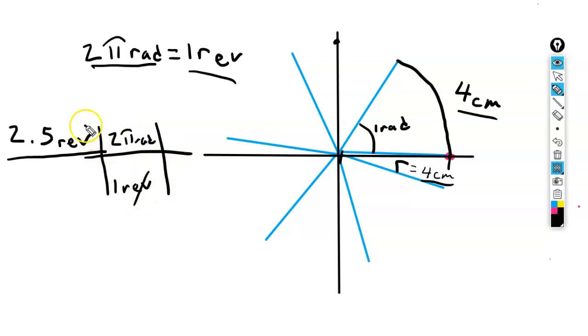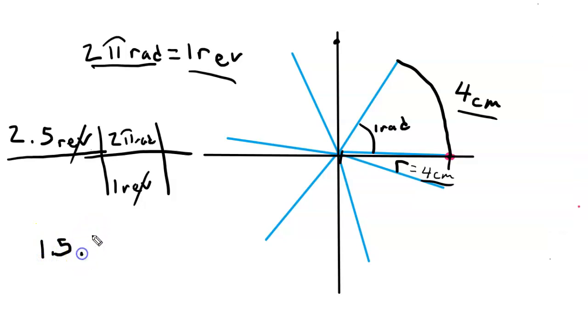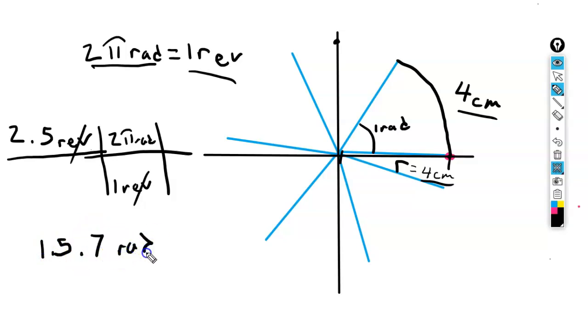My revolutions cancel, and I get 2.5 times 2 pi, which turns out to be about 15.7 radians. Okay, something like that. So do it just like you would any other conversion. We just know that 2 pi radians equals 1 revolution.